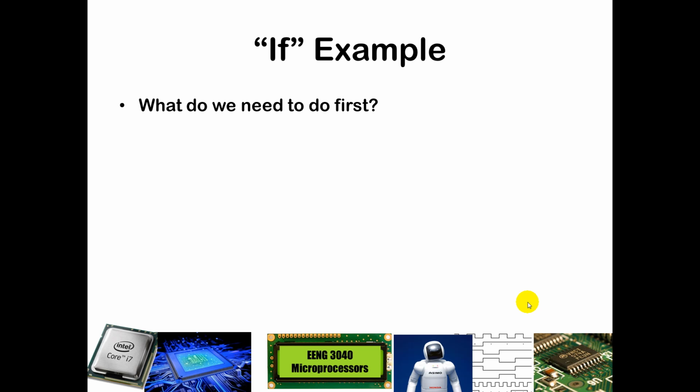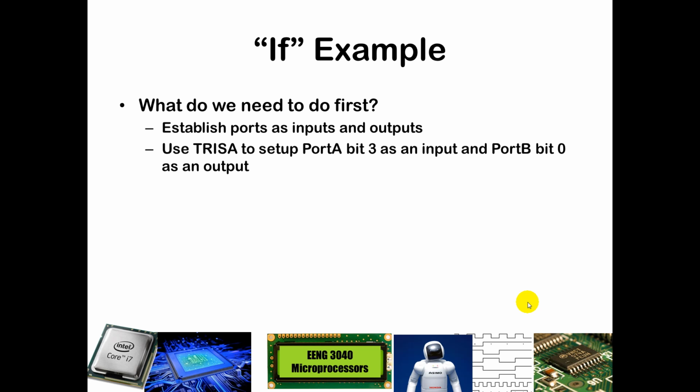First of all, we have to establish which of our pins are inputs and which of our pins are outputs, and we need to go ahead and configure them accordingly. So we're going to use our TRISA. Remember, that is short for tri-state A. That's going to set up port A as either inputs or outputs.